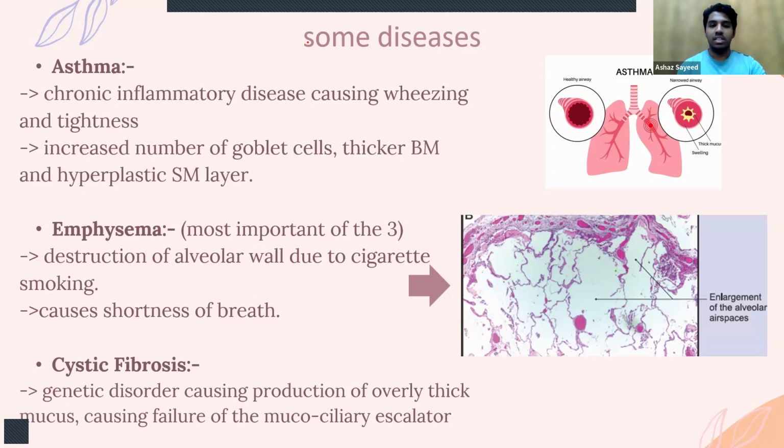Cystic fibrosis is again a genetic disorder where excessively thick mucus is being produced, so that causes failure of the mucociliary escalator. See, if the mucus is thin, the cilia can effectively brush it in some direction.